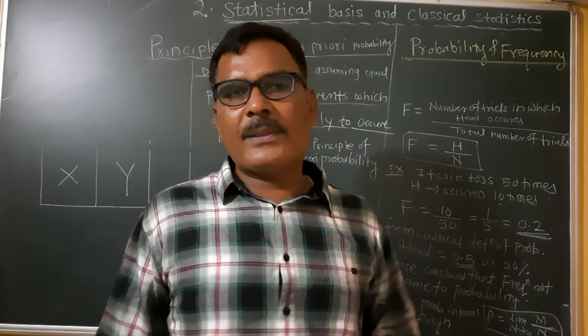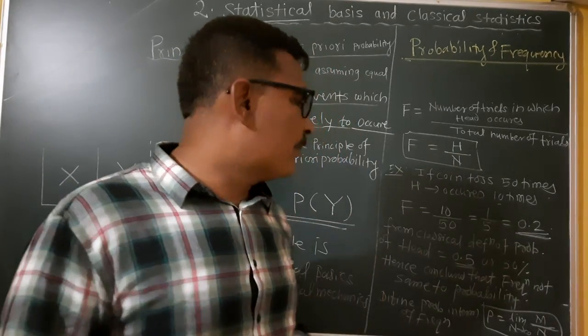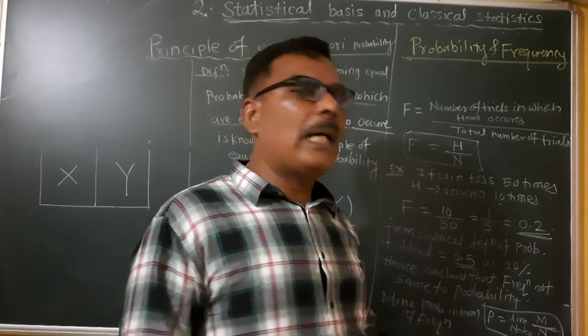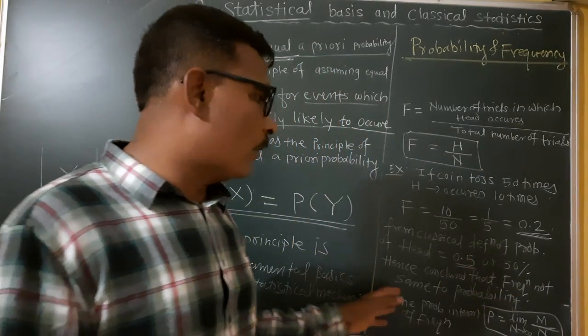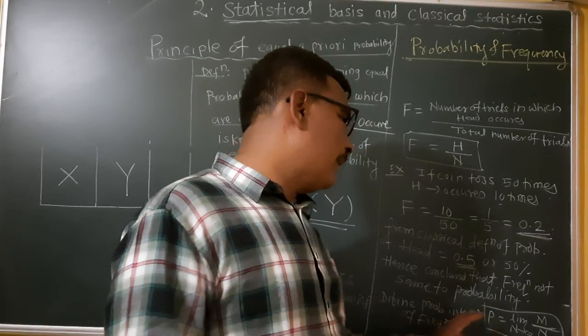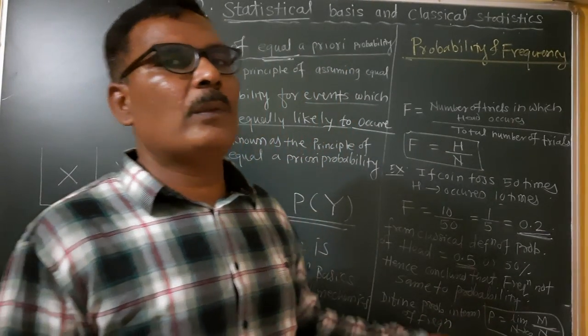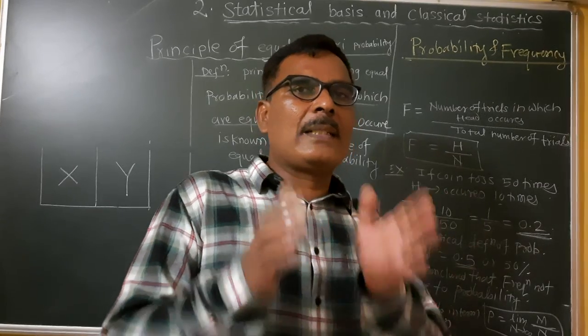In the classical definition, the probability is 0.5, so we conclude that frequency is not the same as probability. We define probability in terms of frequency with the formula P is equal to the limit as n tends to infinity of m by n.